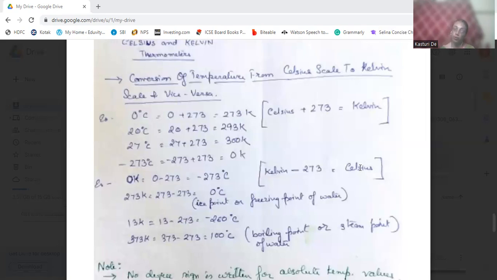Now, from this conversion, you must have noted that the Kelvin scale reading does not show any degree sign. Like in Celsius, we write 0 degree centigrade, 20 degree centigrade, 27 degree centigrade. But in Kelvin, we don't mention the degree. Why?